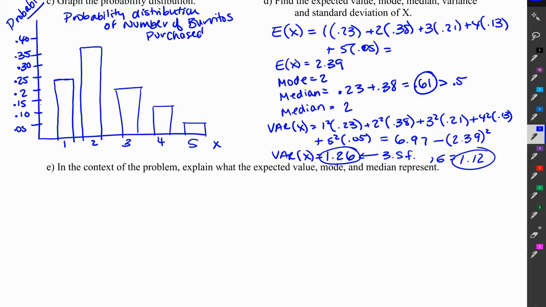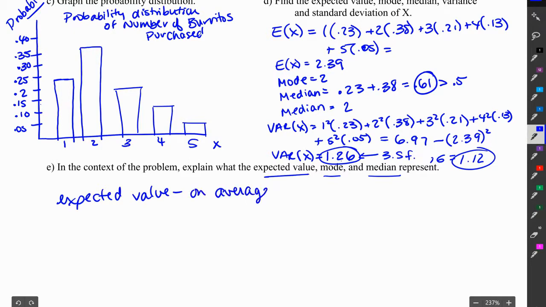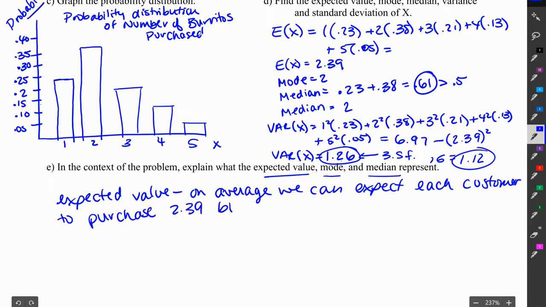In the context of the problem, explain what the expected value, mode, and median represent. We already talked about what the expected value means. So the expected value means that on average, we can expect people to purchase 2.39 burritos. The expected value: on average, we can expect each customer to purchase 2.39 burritos.